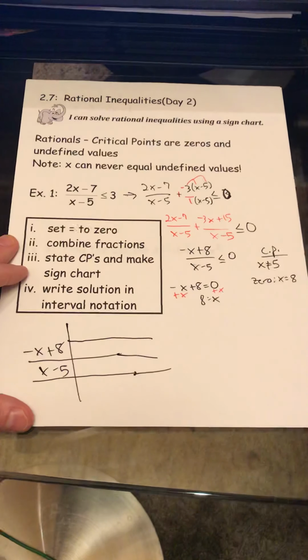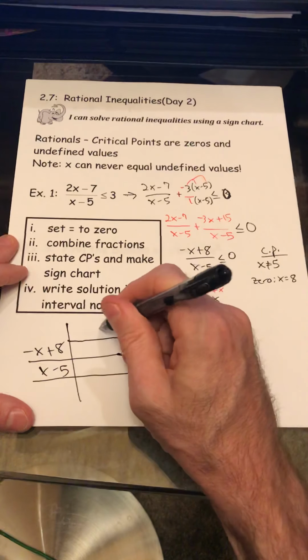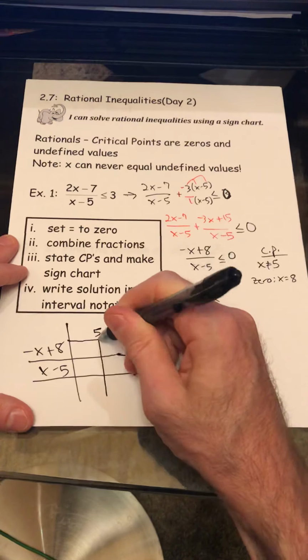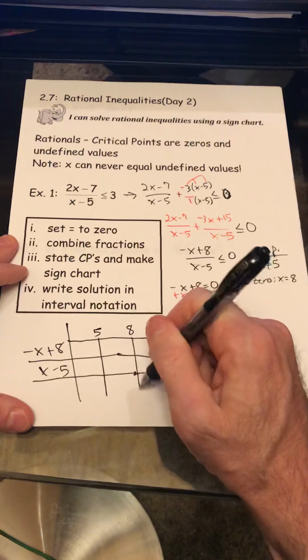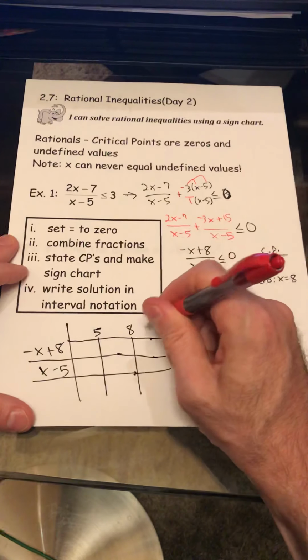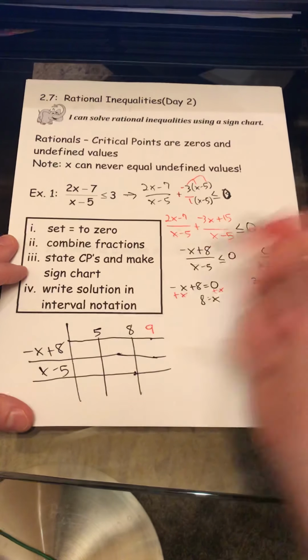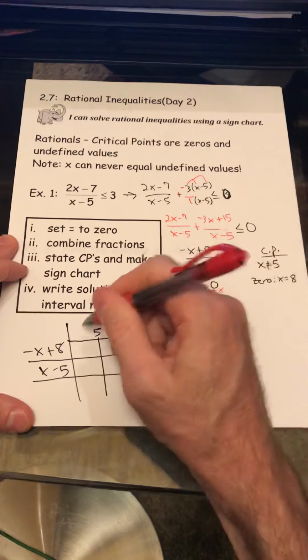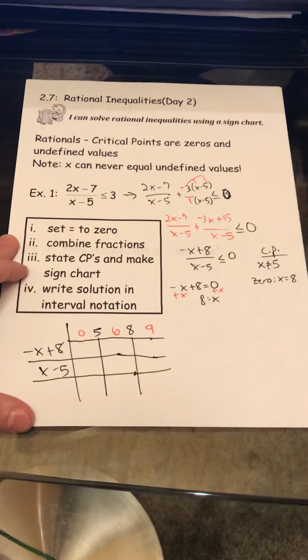All right, so our zeros are 5 and 8. So again, we need a value bigger than 8, between 5 and 8, and less than 5. There I'm going to use 0.